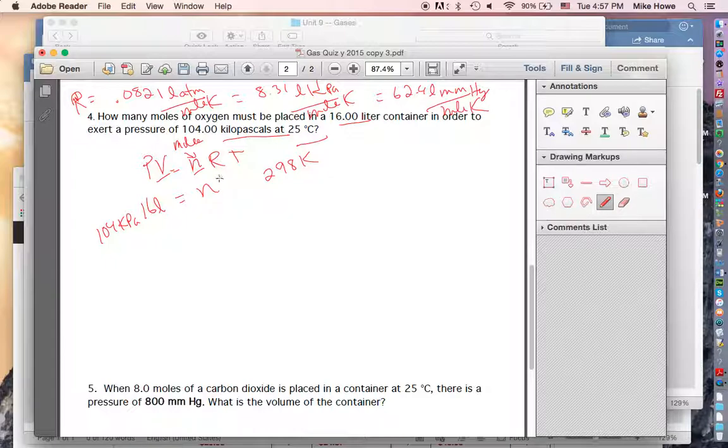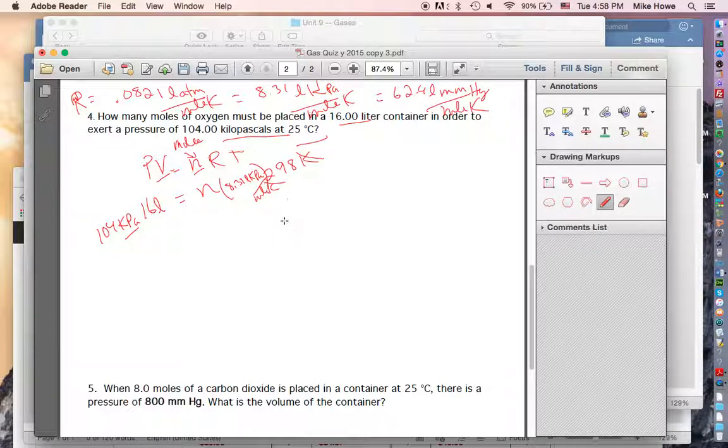Now R, we have to decide which R to use. We've got three possibilities for R. Which one would we use? Notice that the pressure's in kPa, so you have to use the 8.31 value. So it's 8.31 liter kPa per mole Kelvin. All right, so Kelvins cancel.